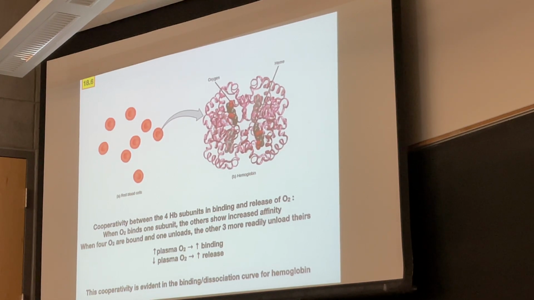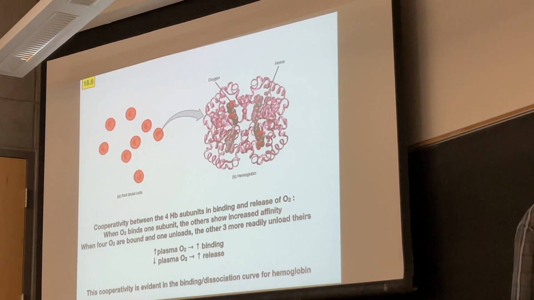And if oxygen partial pressure in the plasma and stuff dissolved in there is the signal, if oxygen is low, decreased, that is going to really cause an increase in release of oxygen.